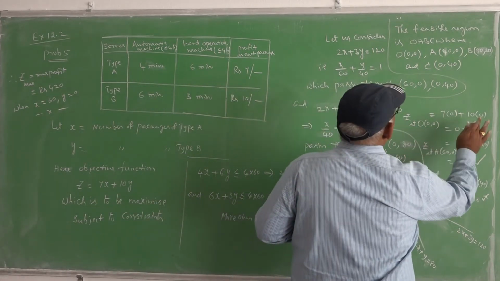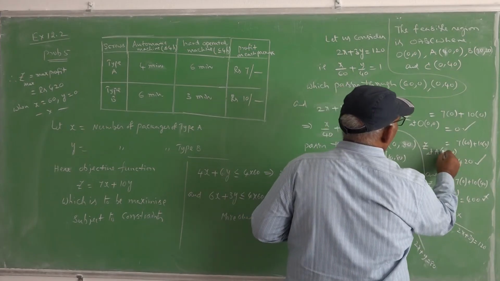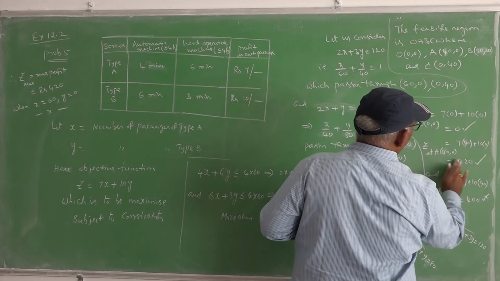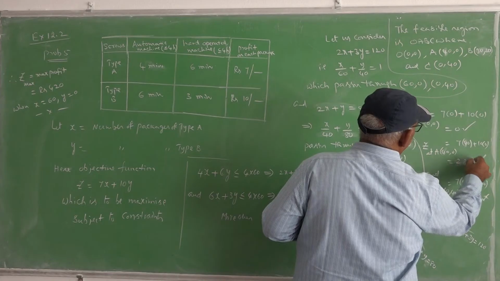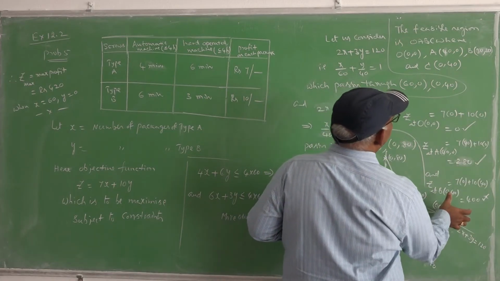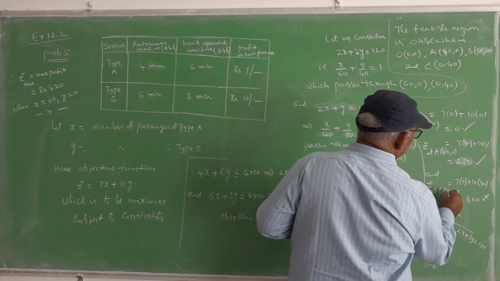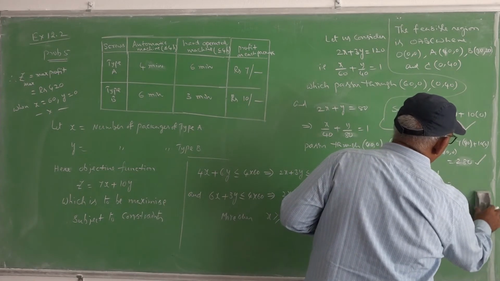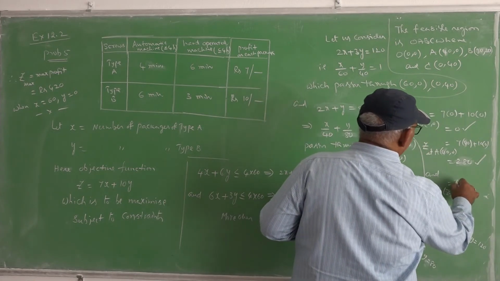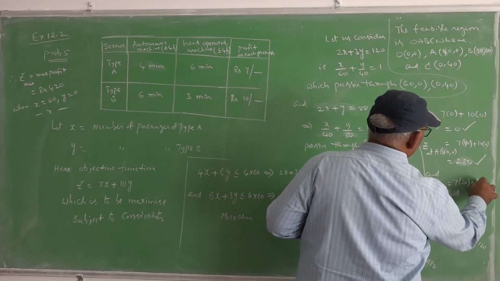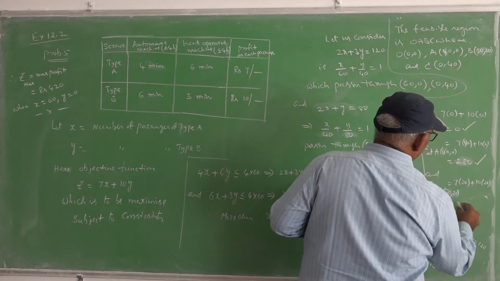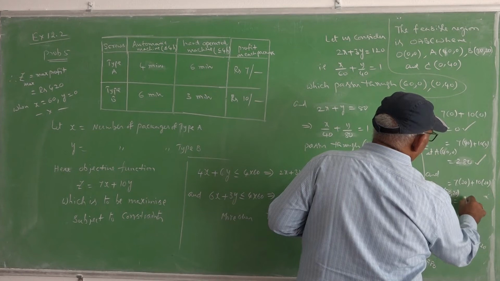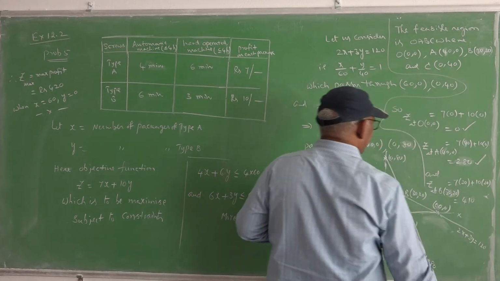Now let us consider the z value at these corners. Z at 0, 0 is 0. Z at A is 280. B is 30, 20. The required value is 7 into 30 plus 10 into 20, 210 plus 200, 410. Okay.